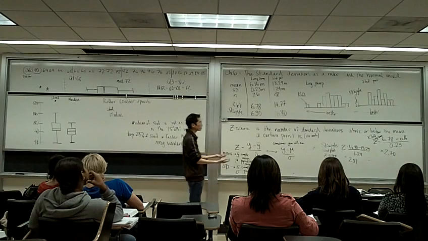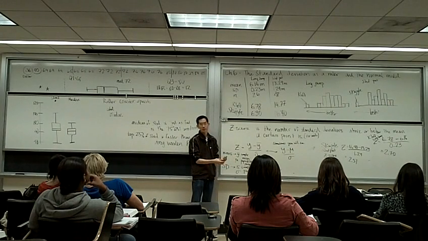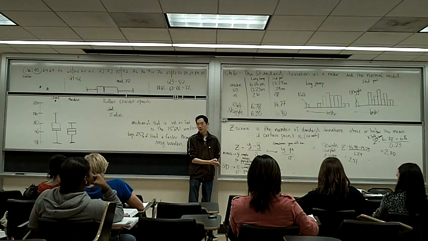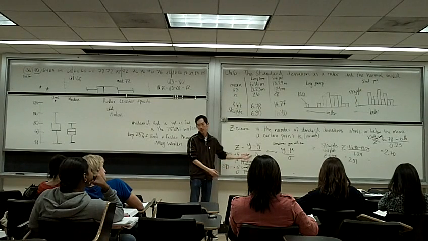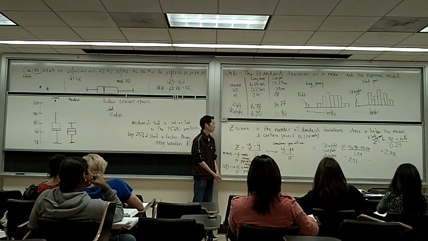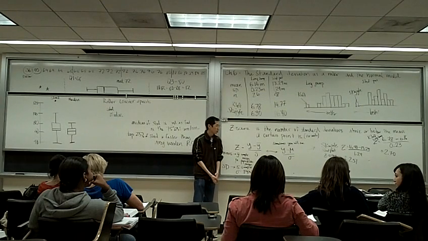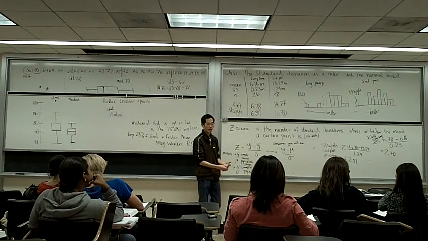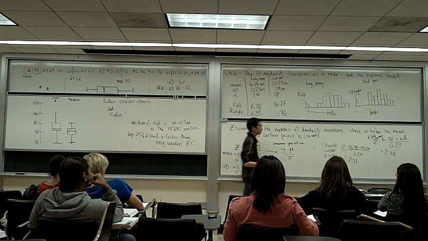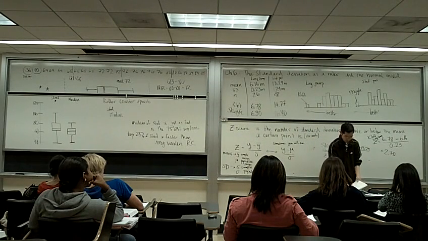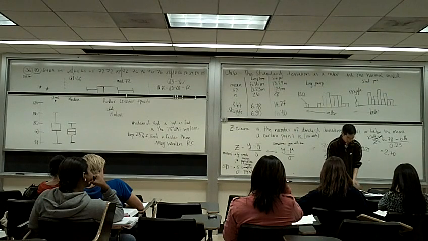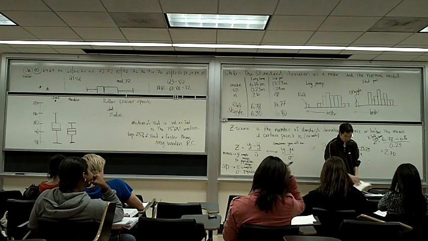Of course you have to look at the context of the problem. If smaller scores were better, then the other one would be better. But in our case, higher numbers are better, and that's why we're saying this one is bigger. Is that okay?